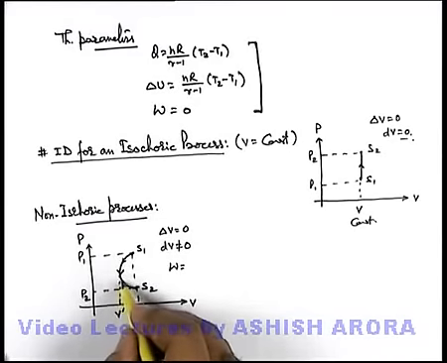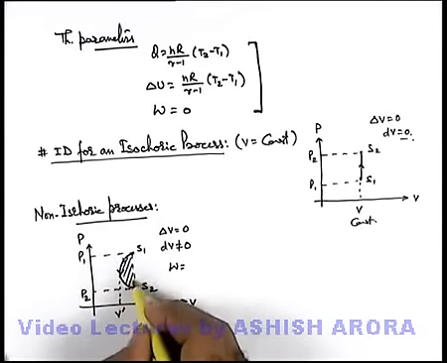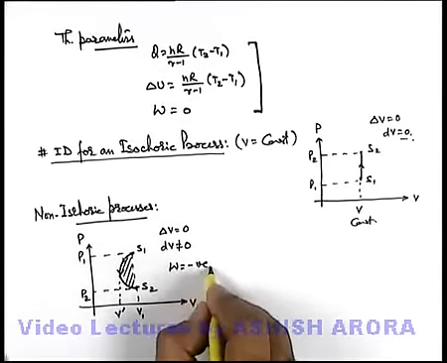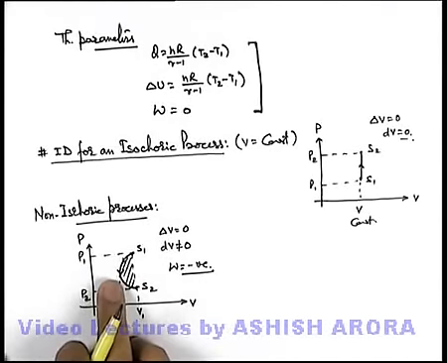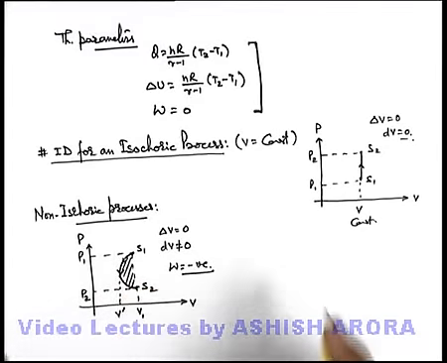And again from V prime to S2 it is expanded and the area is less, which is work done by the gas. So total work done will be the difference of the two, and work done is negative because the total work done on the gas is more than the work done by the gas in moving from S1 to S2.